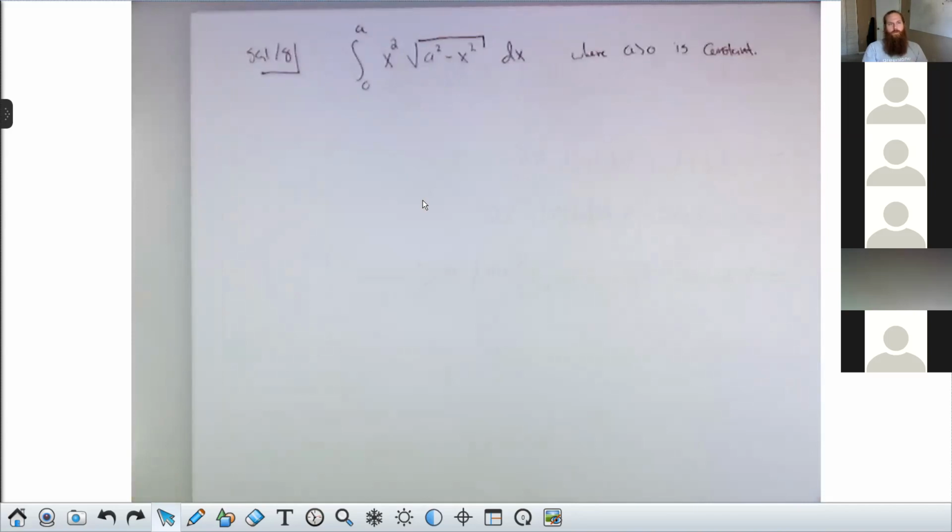So who can help me out? What should I try? What sort of substitution do I need to make in order to solve this integral?